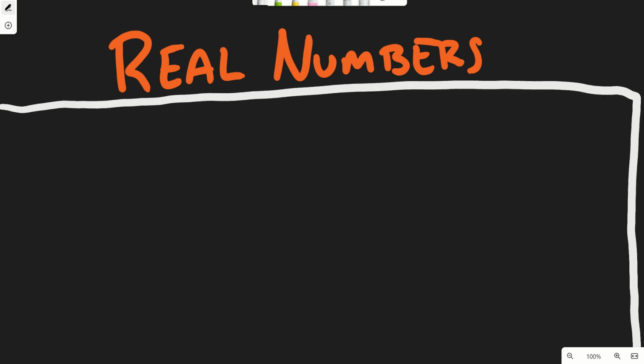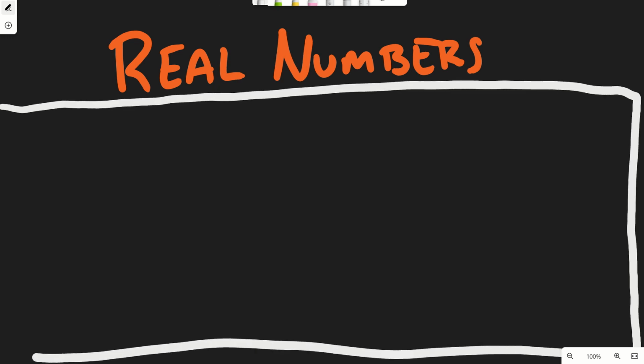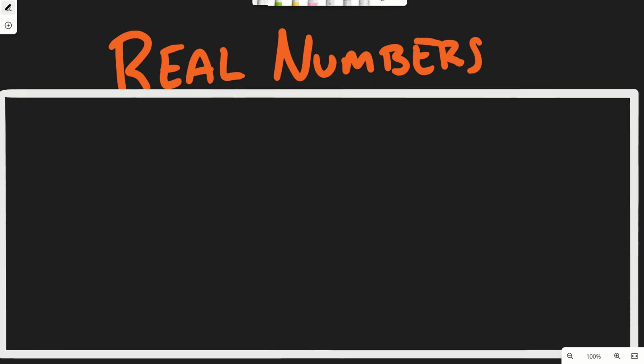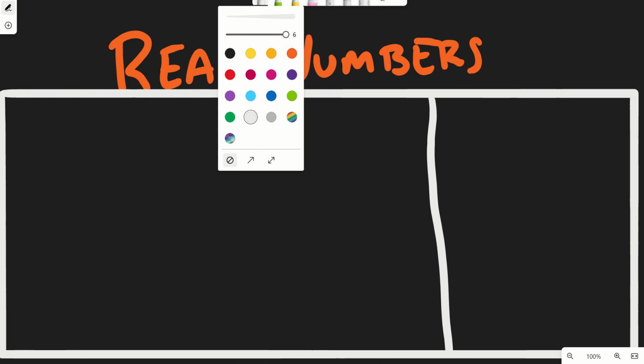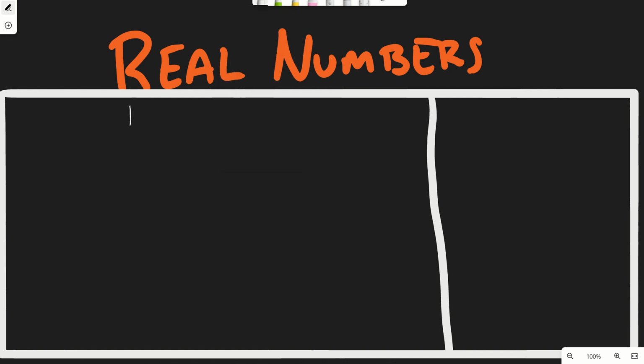And so when we talk about real numbers, what we want to do is make this chart. On this chart, we want to split our real numbers up into rational numbers and irrational numbers.